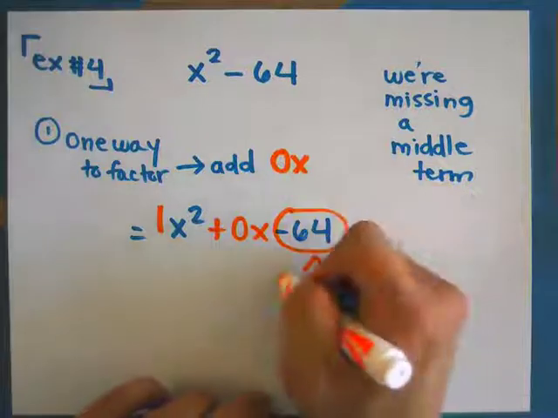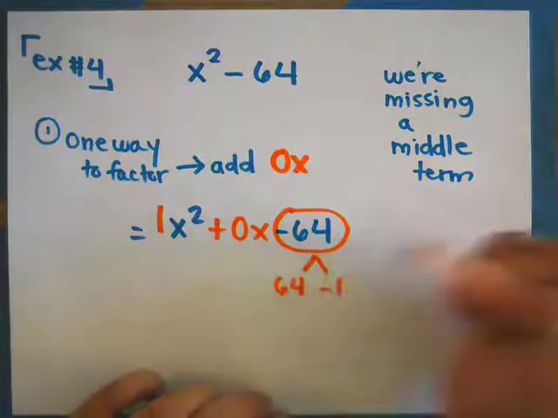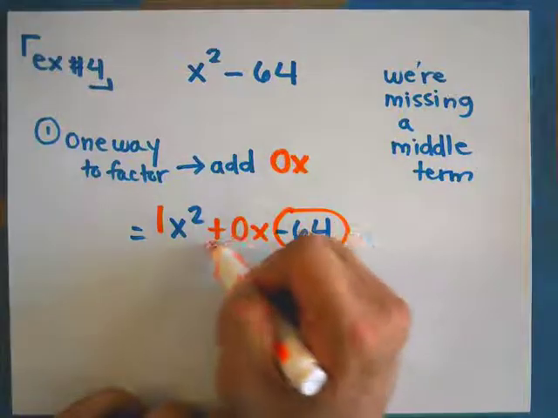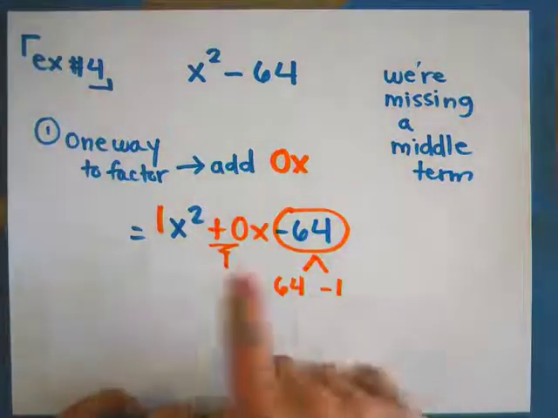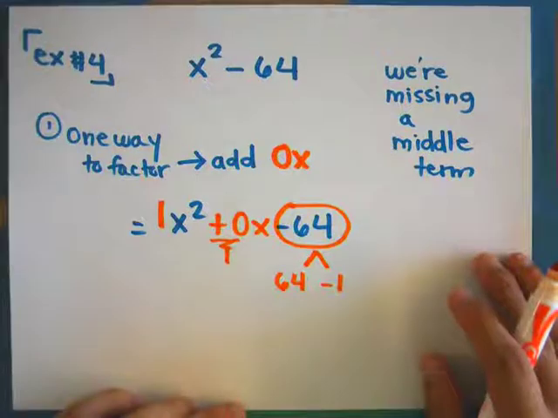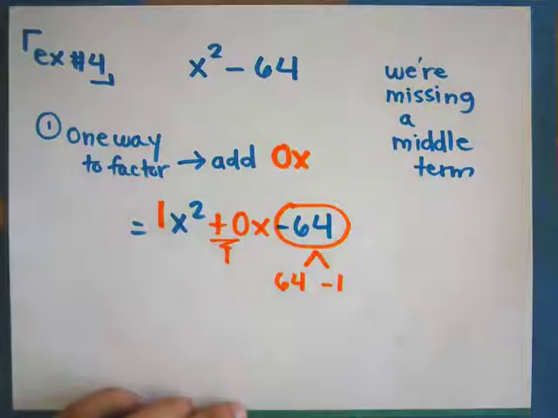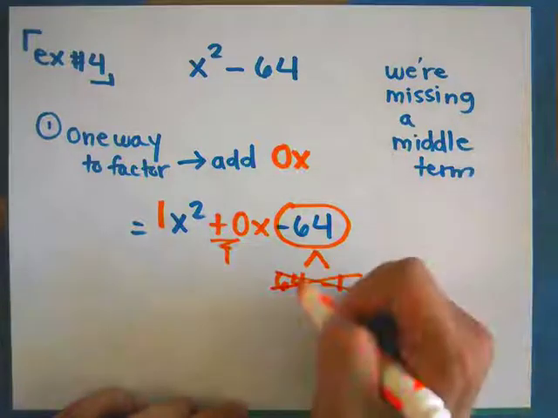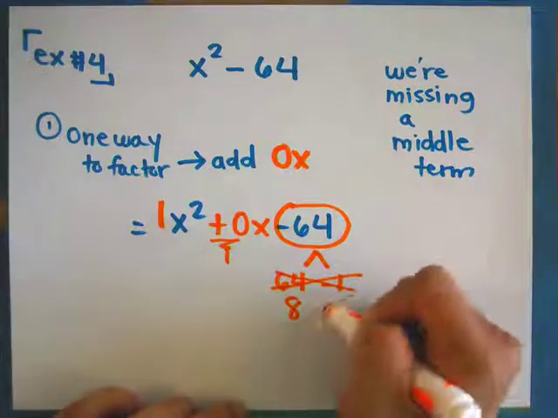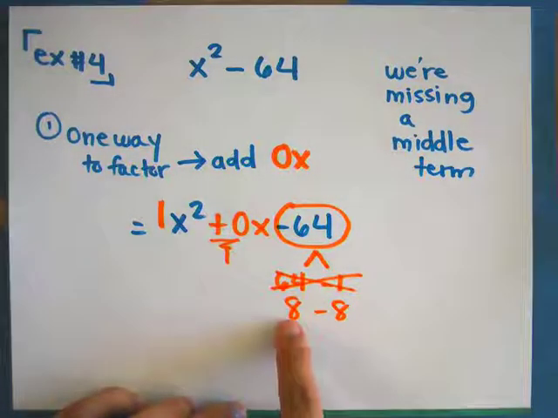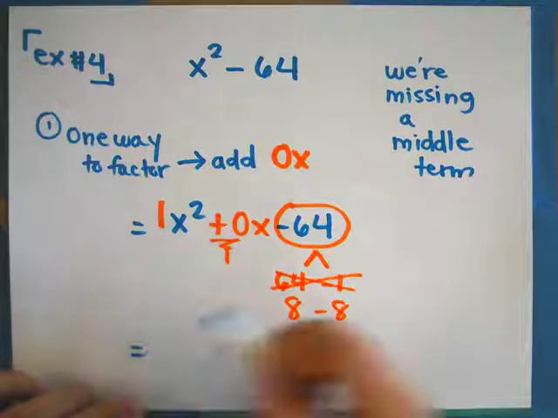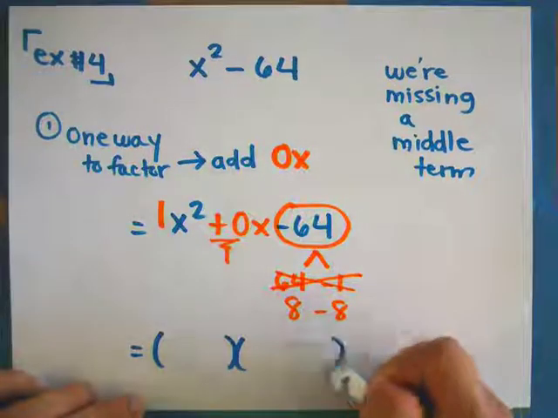Remember, one has to be positive and the other negative, but they need to add up to 0. 0 is neither positive nor negative. I do have a pair in mind, positive 8 and negative 8. A positive times a negative is a negative, and 8 plus negative 8 is 0. So that is the pair that we're going to use.